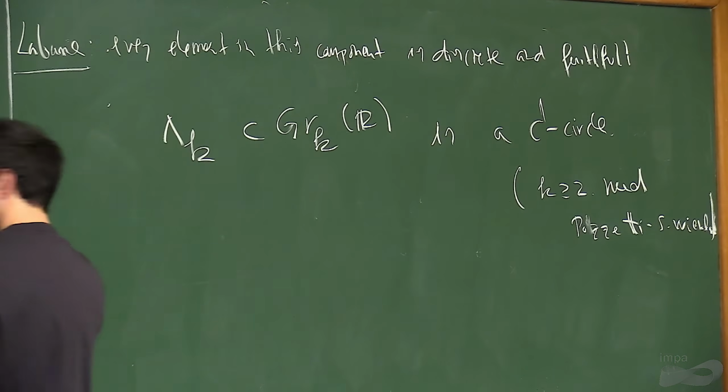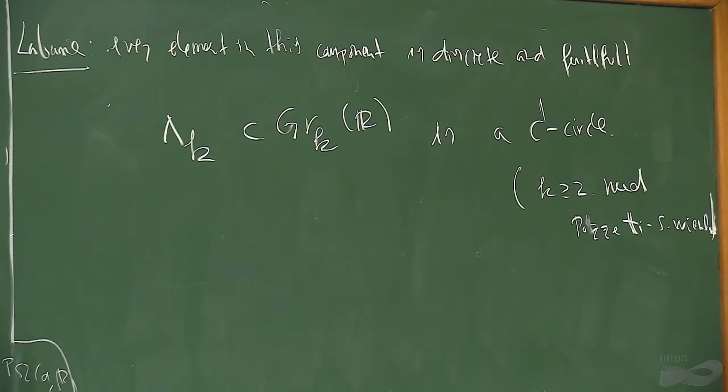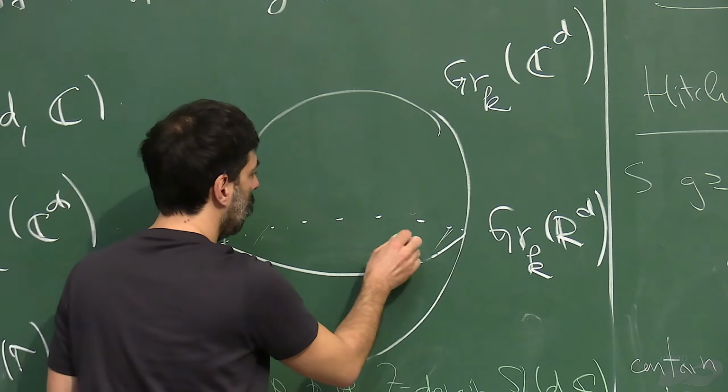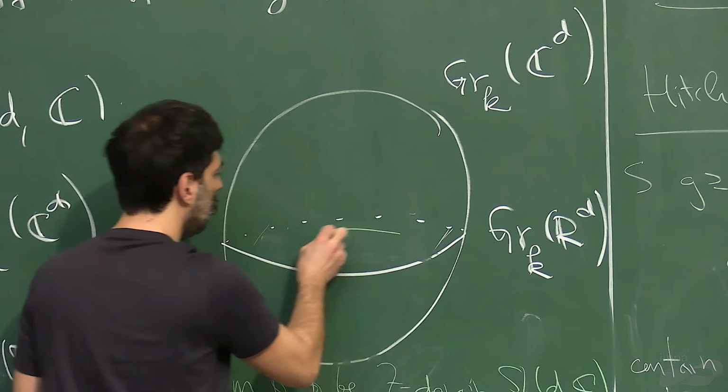So now I go back to my picture. I have here my Grassmannian, and I have my limit set in this case, and I know it's going to be a C1 curve.